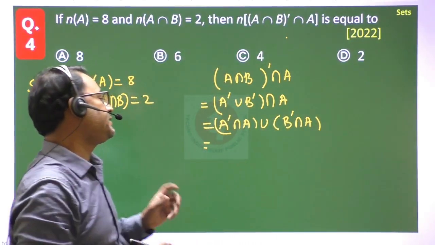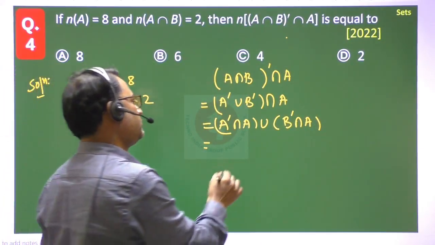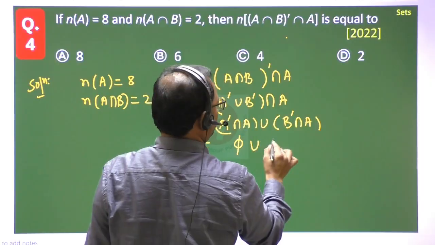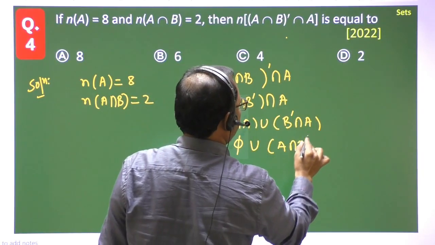A and its complement don't have any common element, so it is the null set phi, union A intersection B complement.